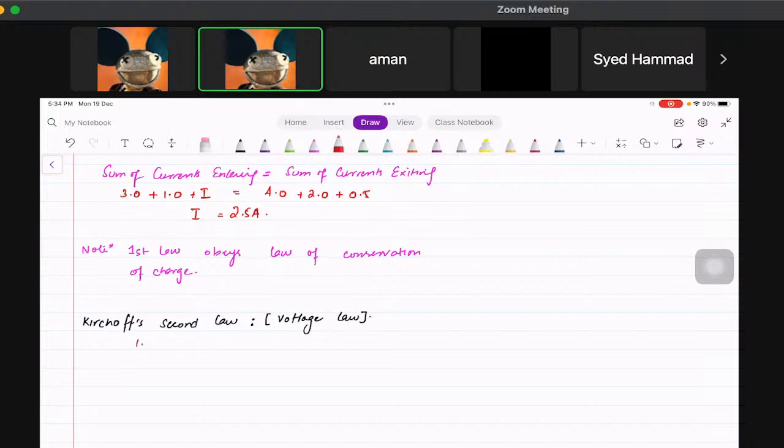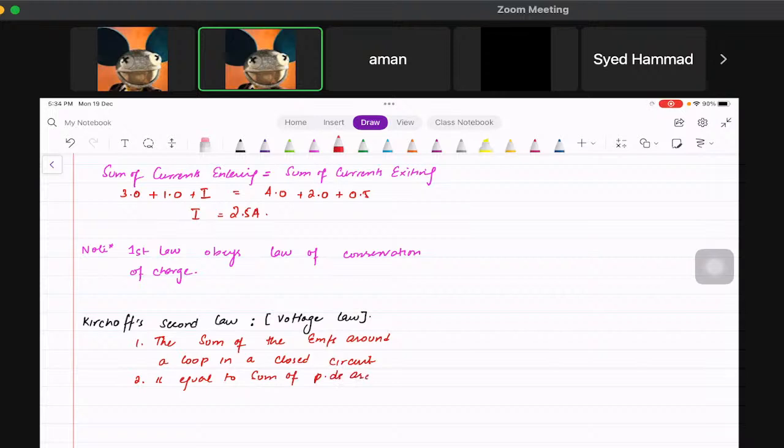What it says is the sum of the EMFs around a loop in a closed circuit, so 1 mark, is equal to the sum of potential differences around that loop.